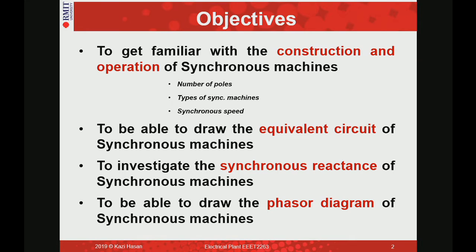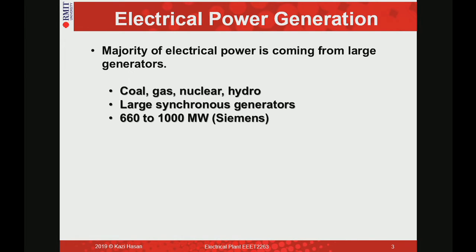So there are 4 contents actually: construction and operation of the machine, equivalent circuit, synchronous reactance, and phasor diagram. To start with, I think I told you before as well, all of these individual components or topics in this course, you don't see that much similarity.